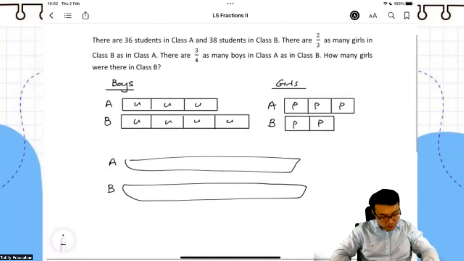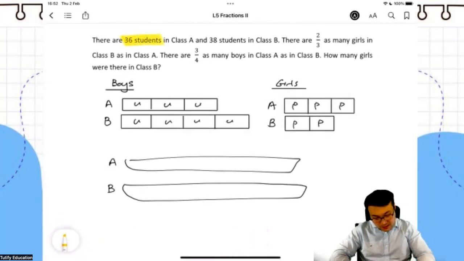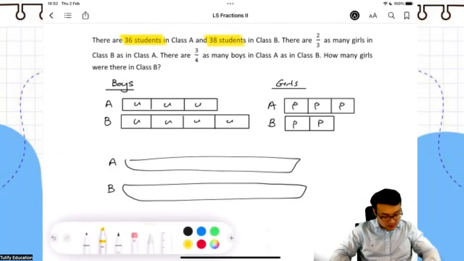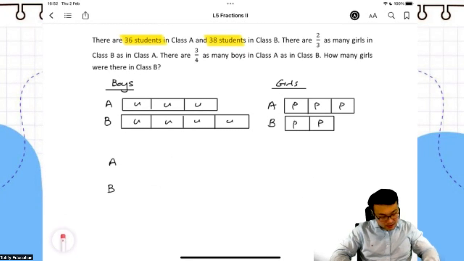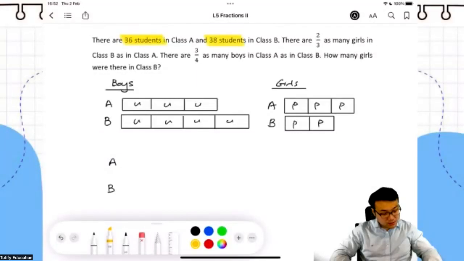And as you already know, students, there are 36 students in class A and 38 students in class B. That means there's a little bit more students in class B, right? So let's look at class A first. Who belongs to class A?